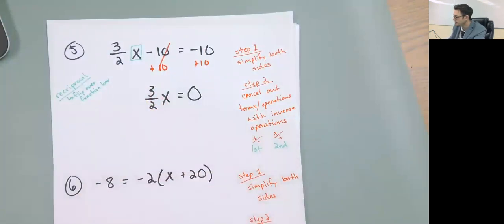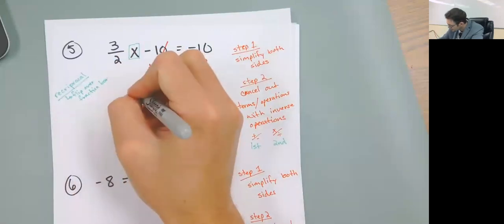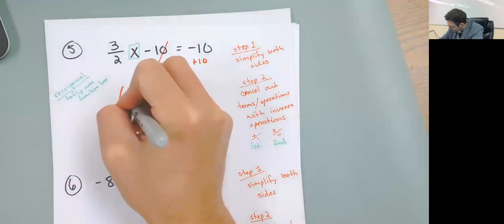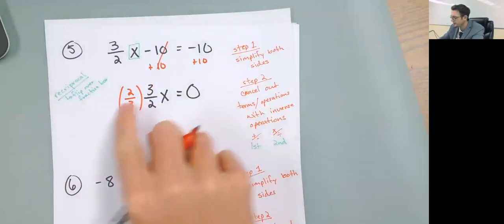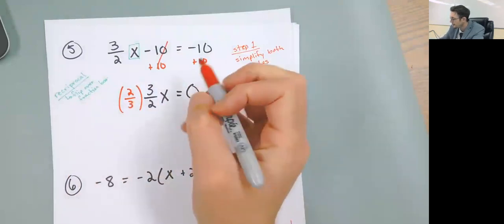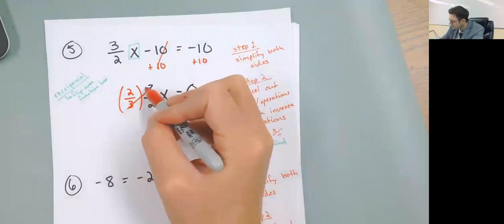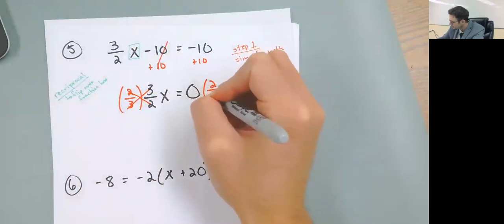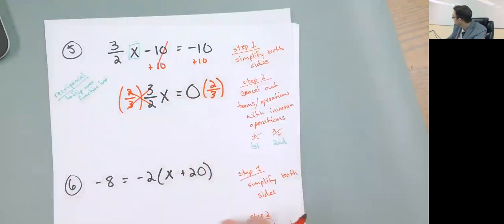So I am going to multiply by 2/3. I flipped it, right? Flip over the fraction bar. I flipped the fraction, 2/3, and it cancels out. What you do to one side, you've got to do to the other side, so I multiply by 2/3.